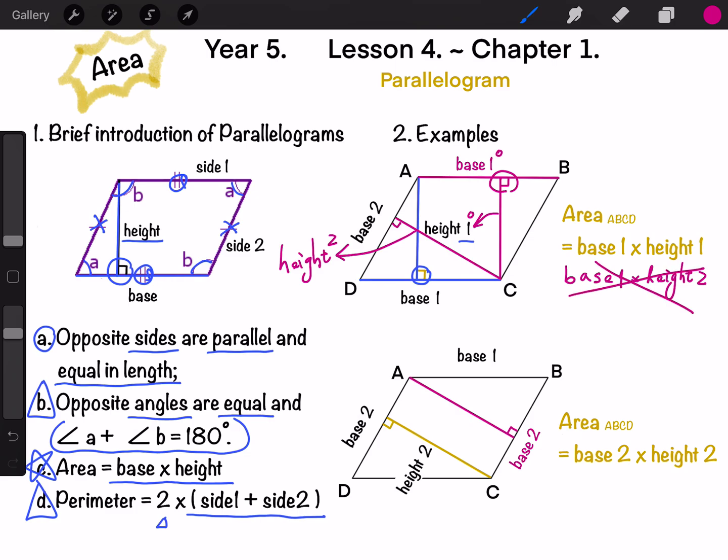No. Area of parallelogram equals a base times the height on this base. So, base 1 times height 1, correct. Base 1 times height 2, wrong.